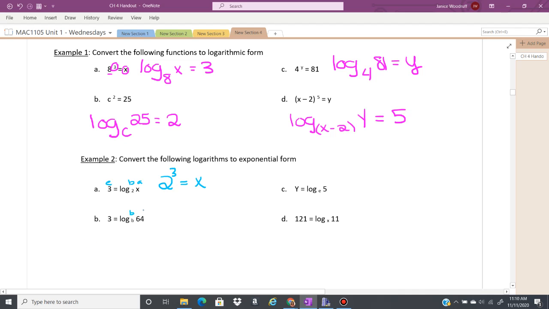In B, base, answer, exponent: your base is b, your answer is 64, your exponent is 3. In C, your base would be e, your answer 5, your exponent y. And then BAE for D, you have a base of x, an answer of 11, an exponent of 121.